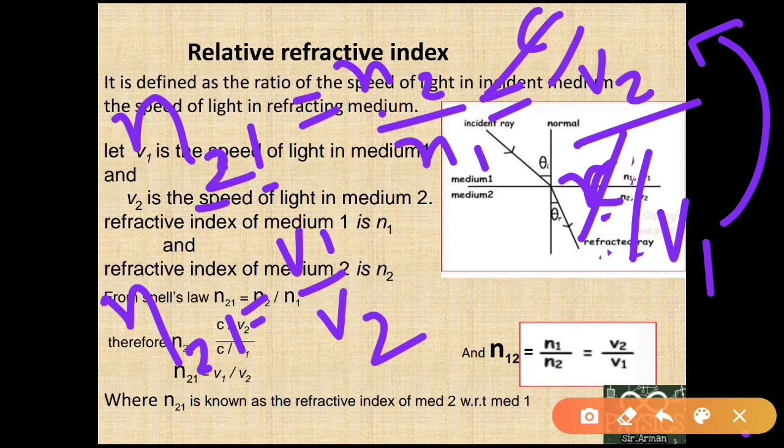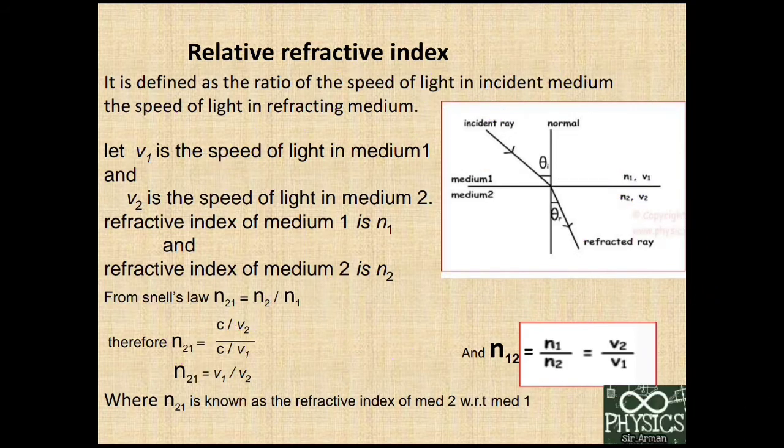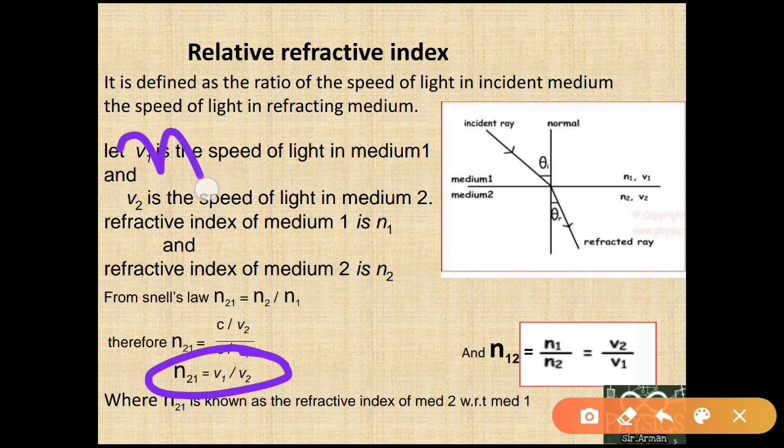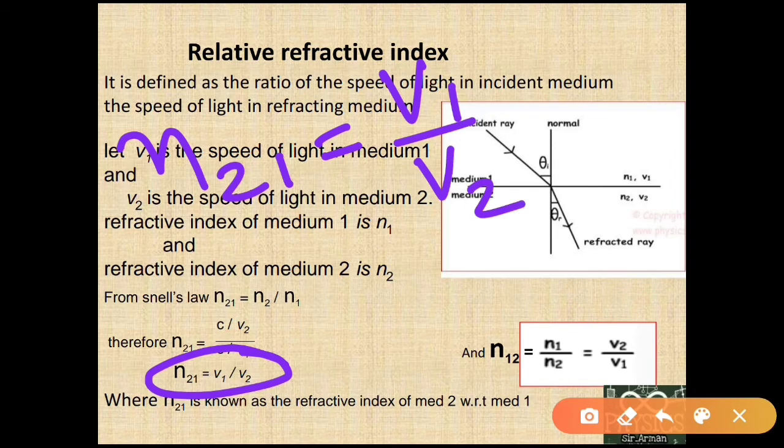That is, the refractive index of medium 2 with respect to medium 1 is the ratio of the speed of light in medium 1 to medium 2, right? So here we have obtained this expression, eta 2 1, that is the refractive index of medium 2 with respect to 1, is equal to V1 by V2 in terms of the velocity of light.